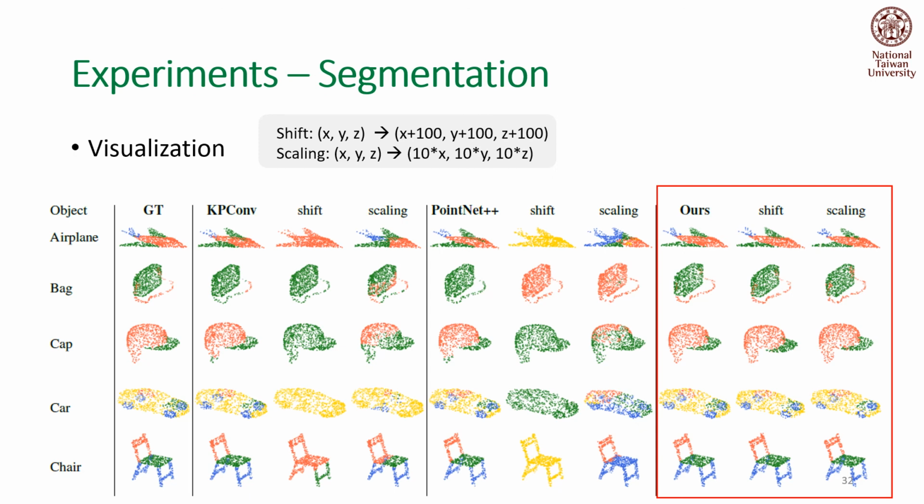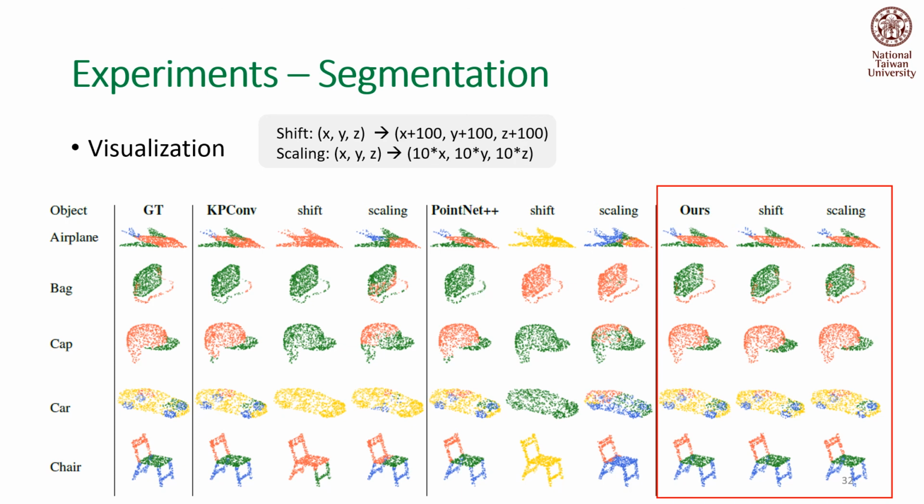We visualize the comparison result of our method and two previous works. In the visualization table, the leftmost column shows the ground truth labeling for the part segmentation. The first column for each method shows the prediction under no shape transformation, the shift column indicates that the shape is translated by 100 units, and the scaling column indicates the object is amplified by 10 times bigger.